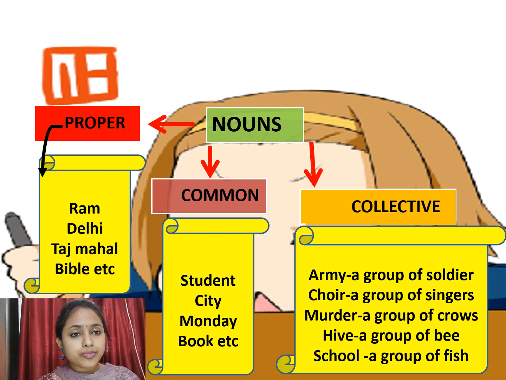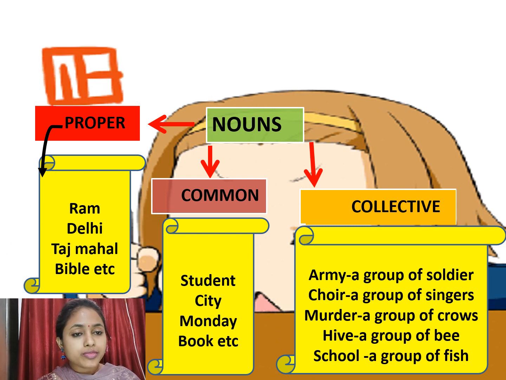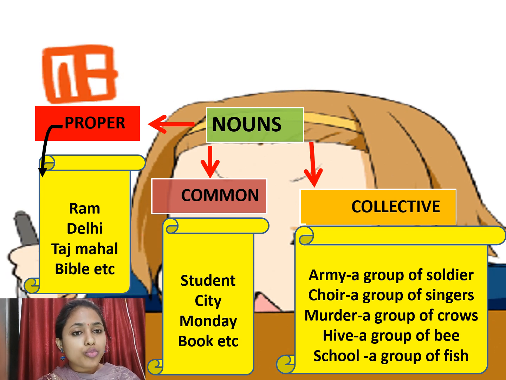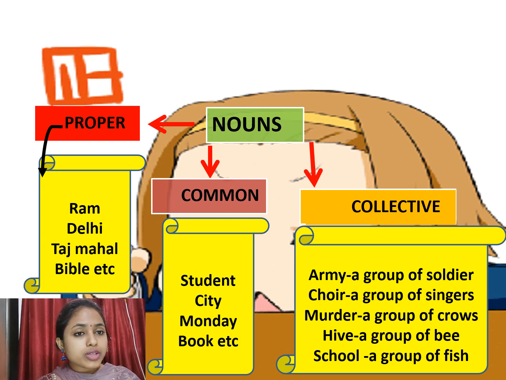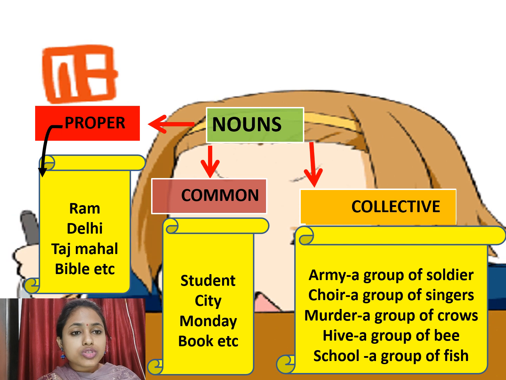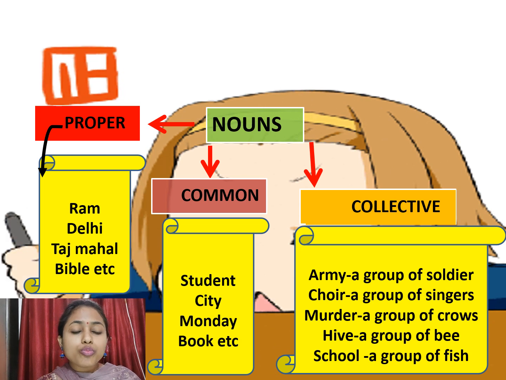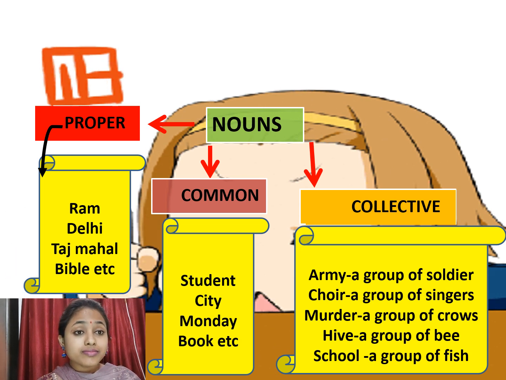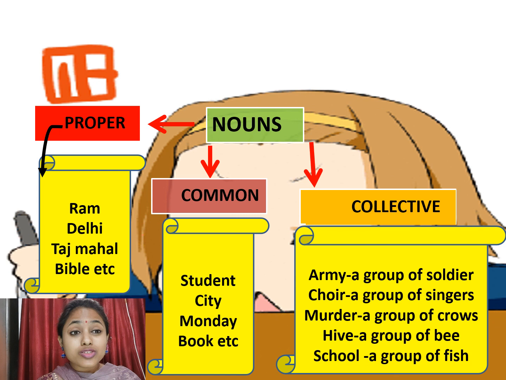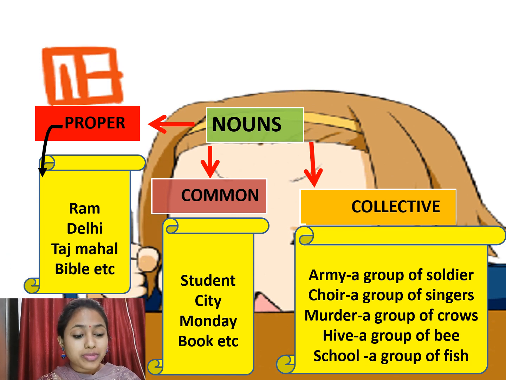Next, choir. Every school has a choir, right? What is a choir? A group of singers. They come in the morning assembly to sing the prayers and all those things, right? The next one is murder. A group of crows. Yes, a group of crows is called murder. Remember this.